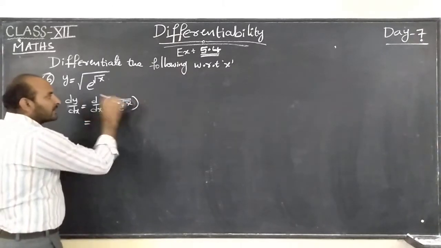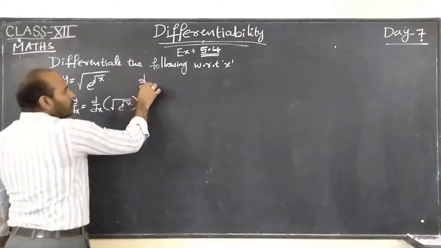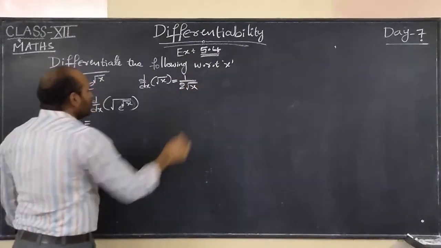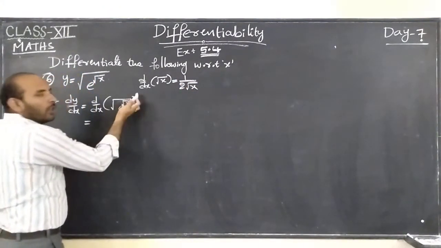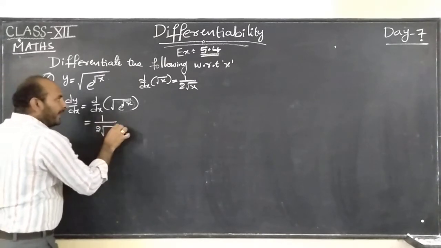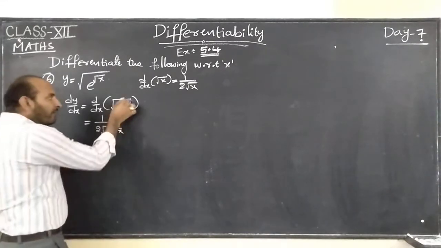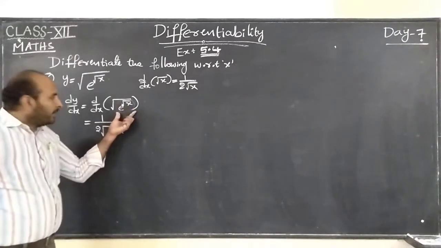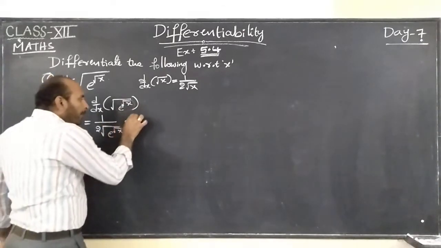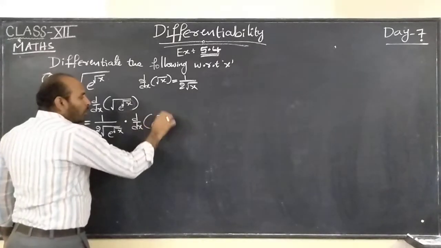Derivative of root x is, by formula, 1 by 2 root x. So here x is nothing but e power root x, so 1 divided by 2 root of e power root x. And the inner function, whatever you have taken, e power root x, again you have to apply chain rule, d by dx of e power root x.